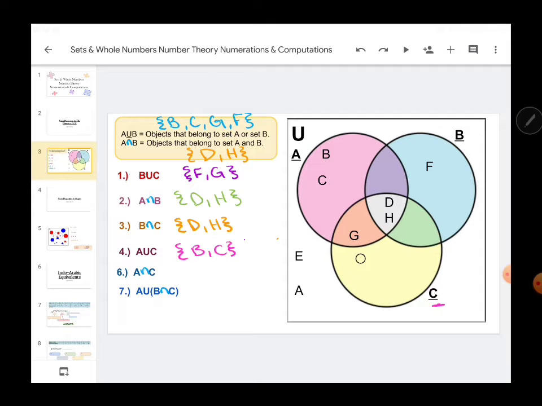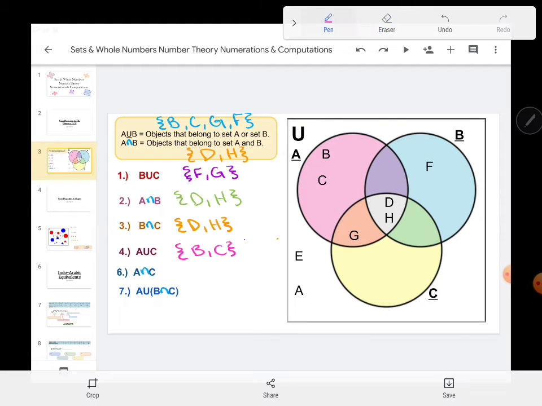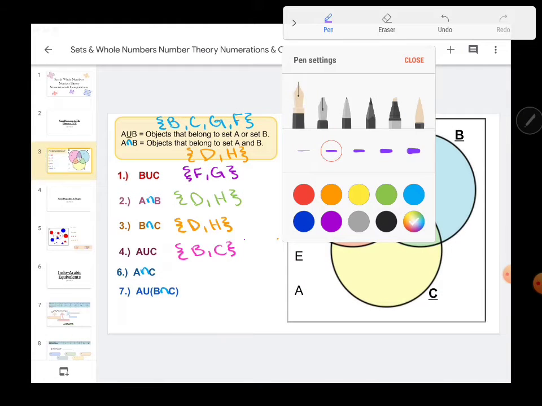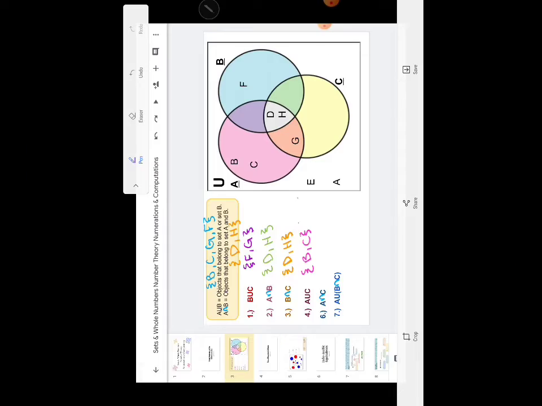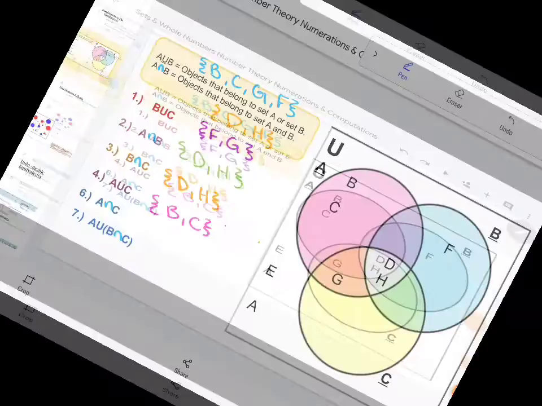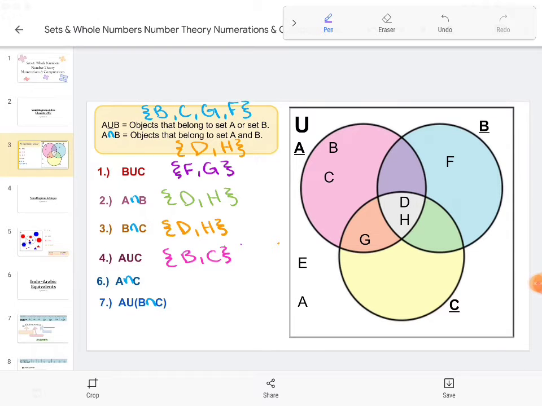For problem 6, let's get us a new color. Do some purple this time, some different purple. We're looking at A ∩ C. We'll notice that the ∩ in the problem represents the AND portion of our notes, which means we are looking for the shared overlapping section in order to find the letters in it to complete our solution.